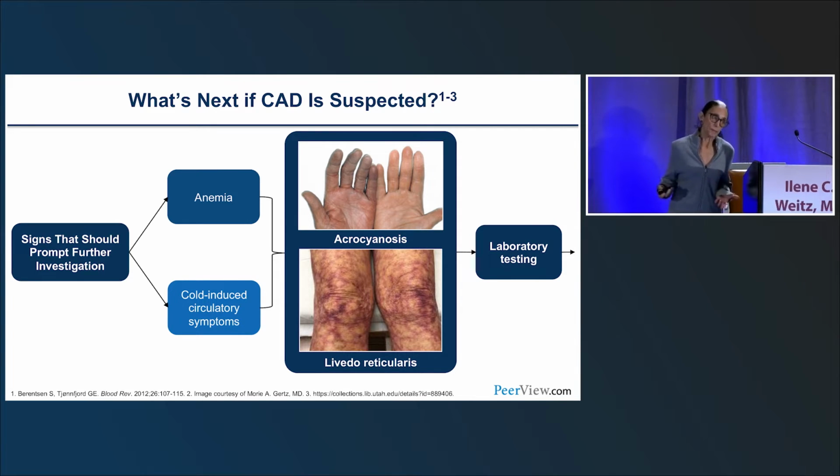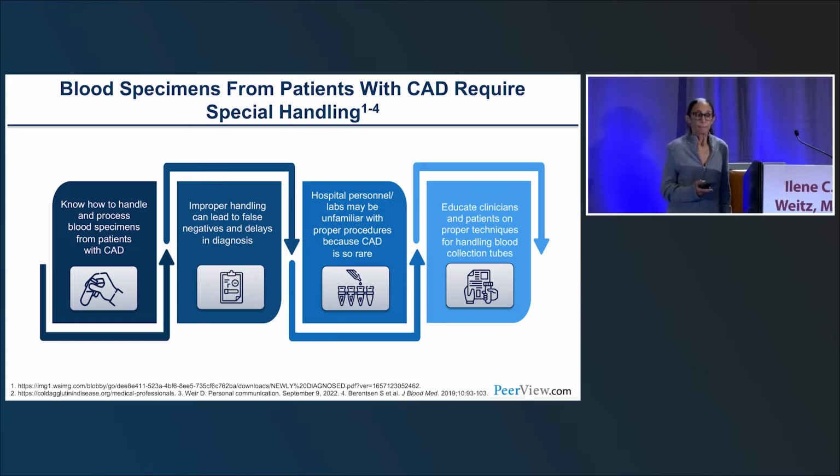So that's why we have the lab. But processing these specimens is very tricky. And I'm sure all of you have sent for a cold agglutinin titer, and it's come back negative. And the main reason for this is that the specimens are usually not handled properly.